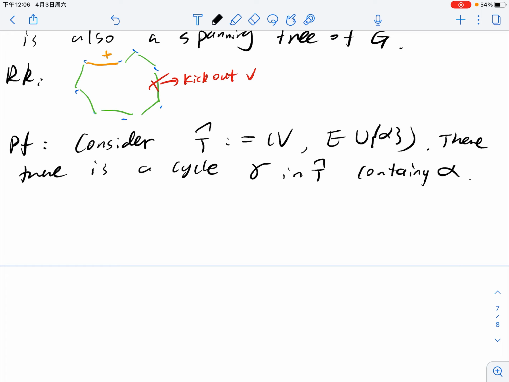Why is this true? Because T is a tree. Suppose alpha joins A and B, and since T is a tree, there's another path in T joining A and B. Use that path and alpha, and you get a cycle.